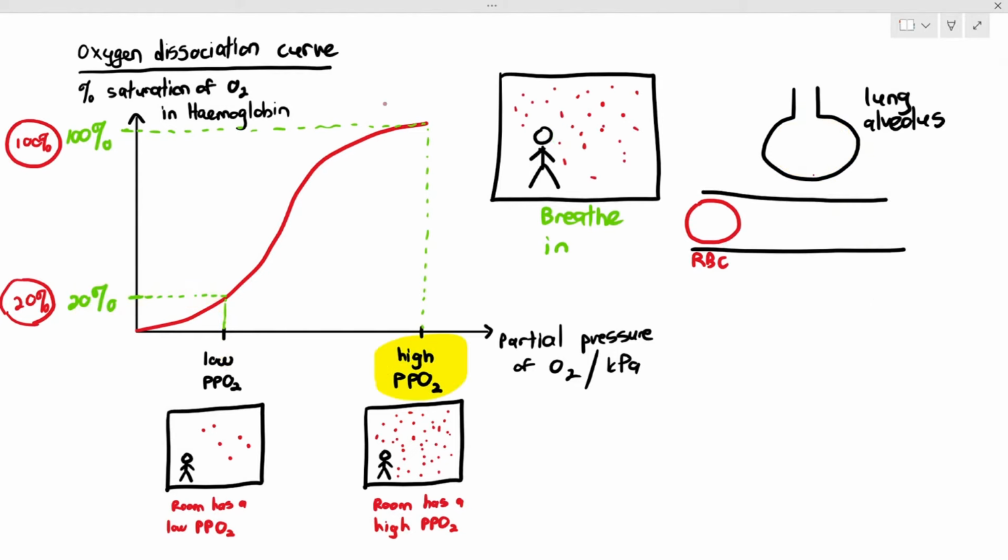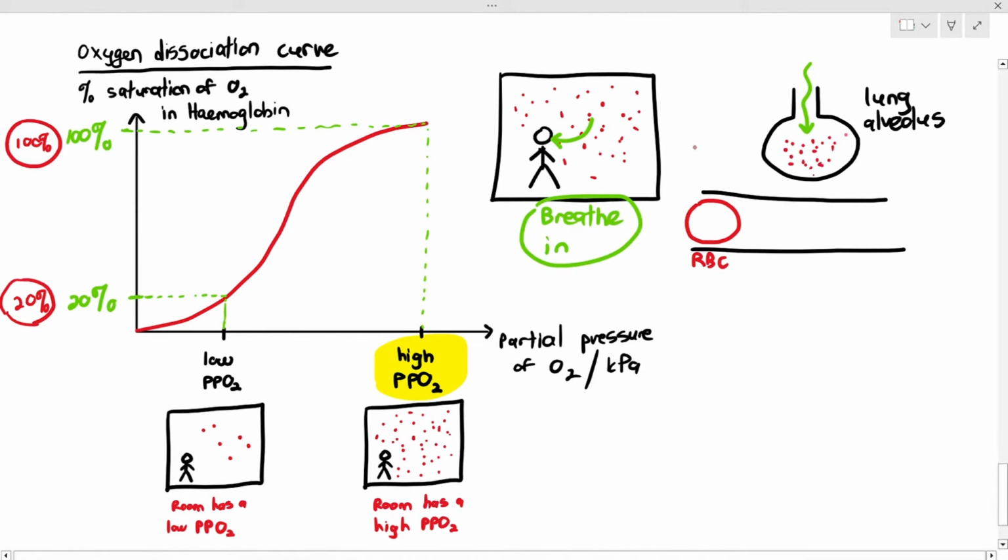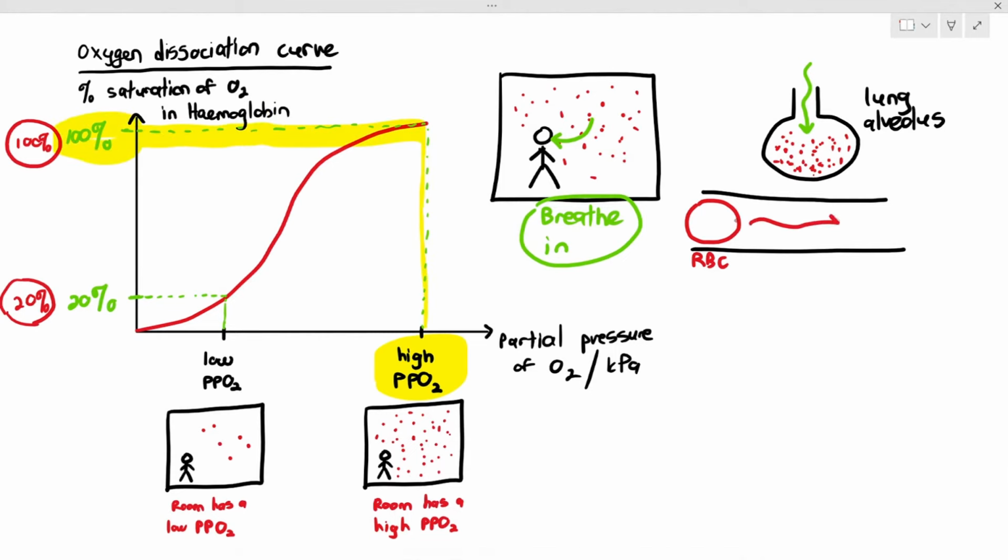Conversely, if you're in a room where it has a lot of oxygen and you took a deep breath in, and a lot of oxygen entered the lung alveolus, what happens then is more oxygen is able to diffuse into the red blood cells in the capillaries, and thus your red blood cells will be 100% saturated with oxygen, which means the red blood cell is fully saturated.